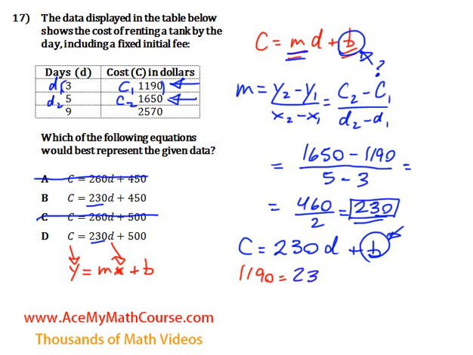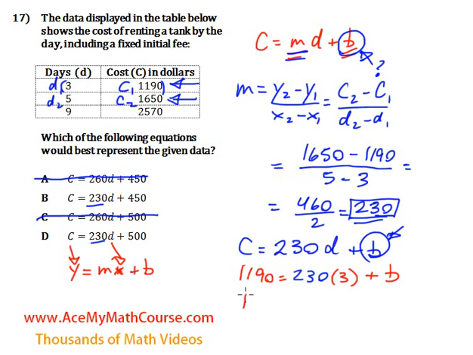I wanted to use blue, not this weird purple. Not that it matters that much anyways. So I have 1190 equals 230 times d, which in this case is 3, because if you rent the tank for 3 days, the cost in dollars would be 1,190, plus b, which is what we want to solve for.